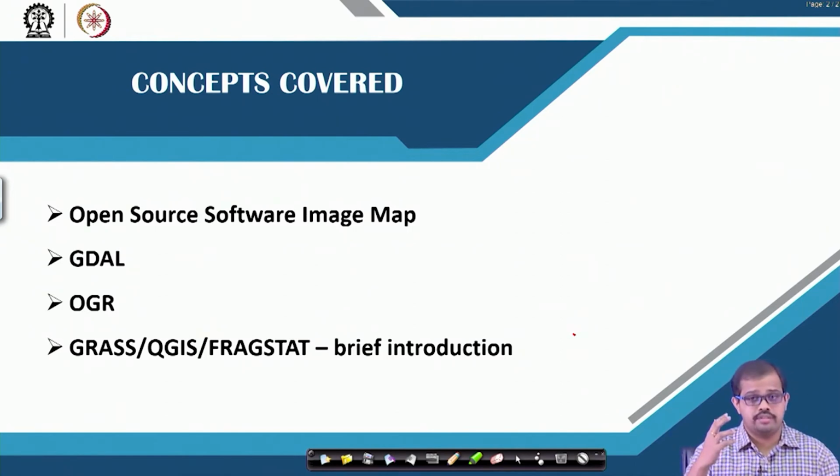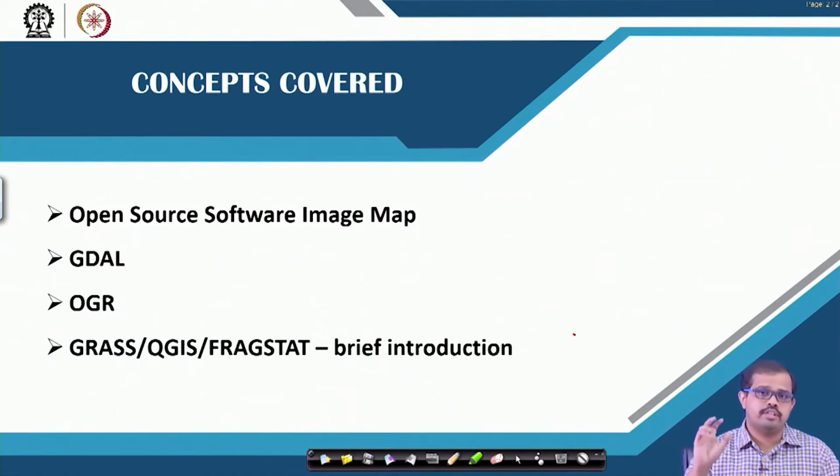Then you have GDAL, an extremely powerful library which is powering most of the GIS softwares available today. And OGR is another library complementing GDAL in handling vector data. Both are the backbone of most of the GIS softwares available today. I would also speak about GRASS, QGIS and TrackStat.